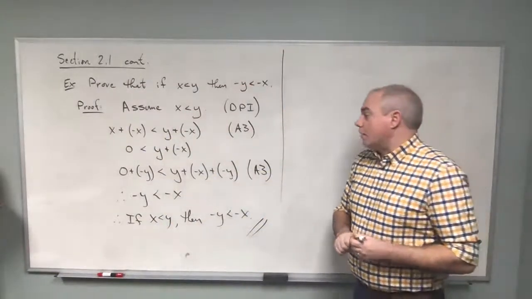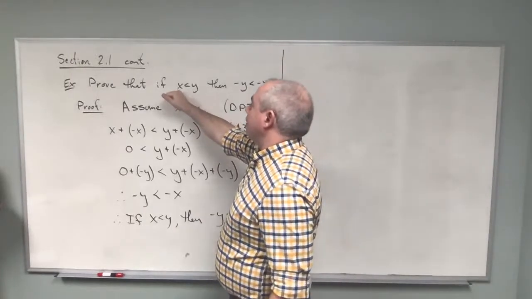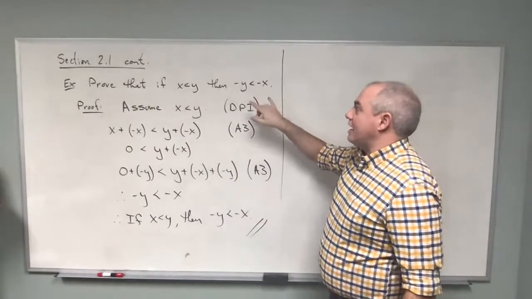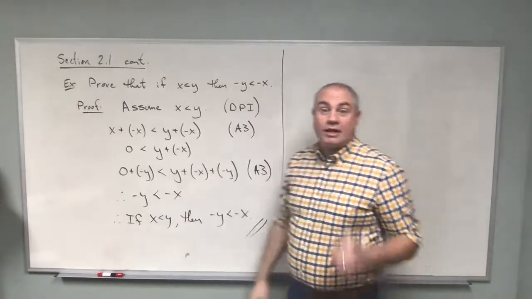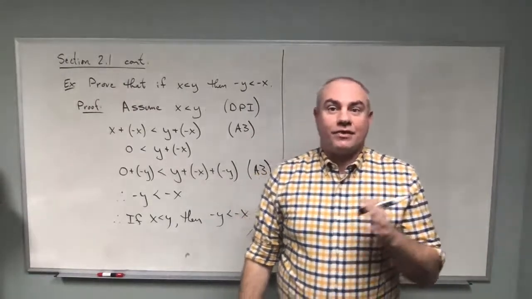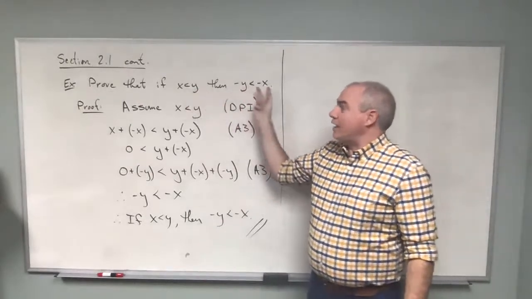Okay, so this is the proof that if we know that a number is less than another number, then if you negate both sides, you can flip the inequality. Now, we didn't really prove that multiplying both sides of the equation by -1 flips this, although it's kind of what it looks like.